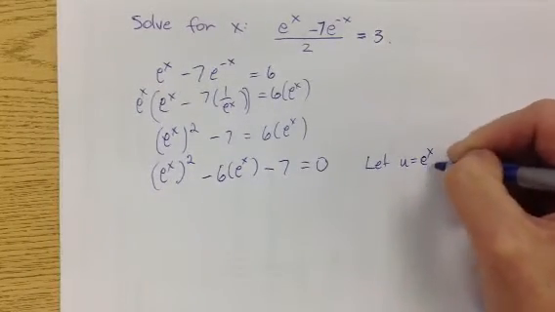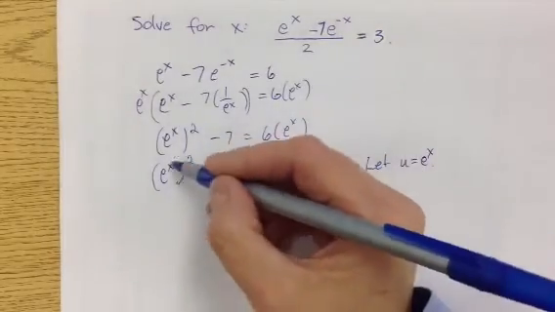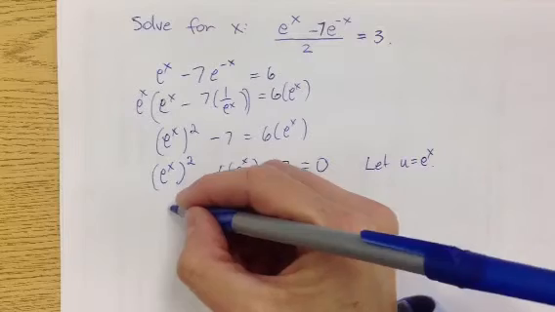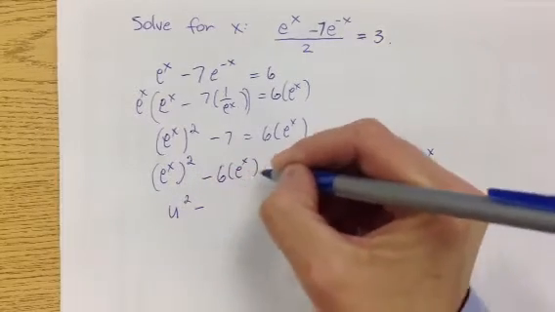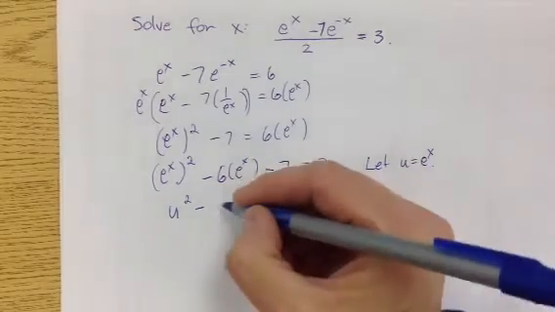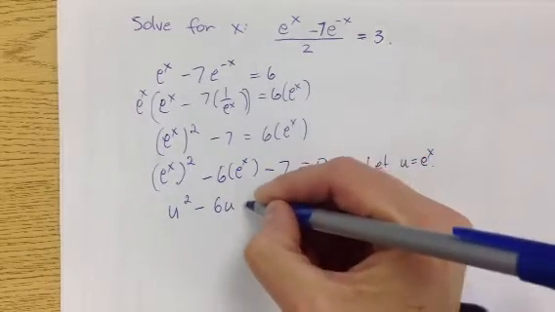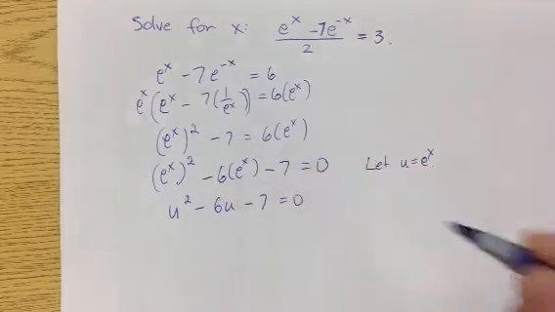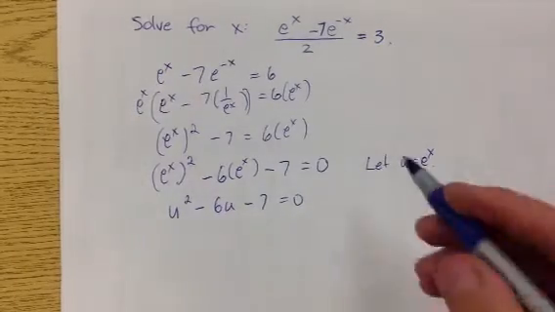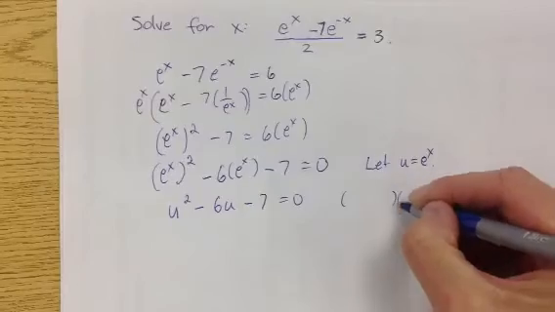So with this assignment, instead of having e to the x squared, I have u squared. So I get u squared minus, instead of 6 times e to the x, I have 6 times u minus 7 equals 0.